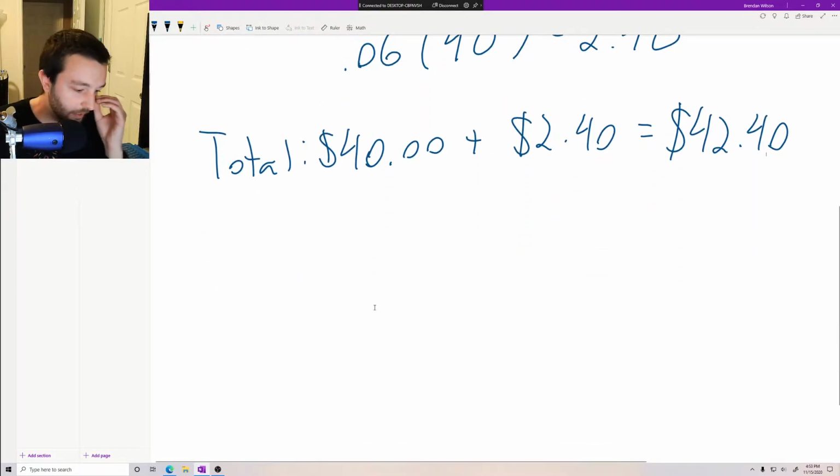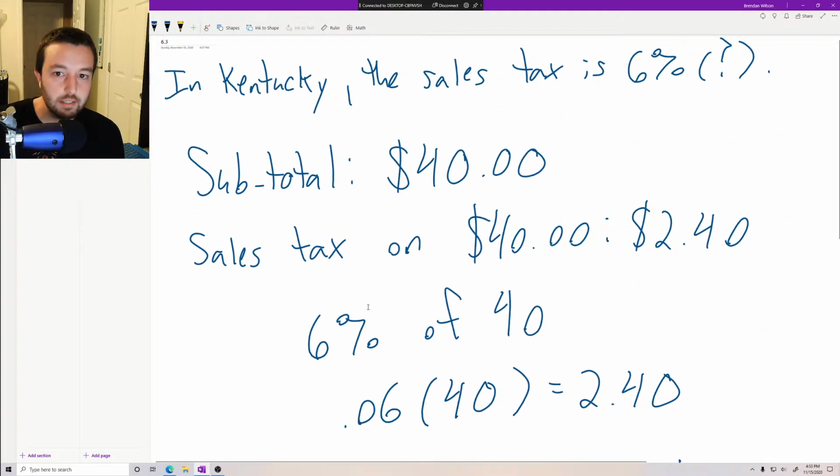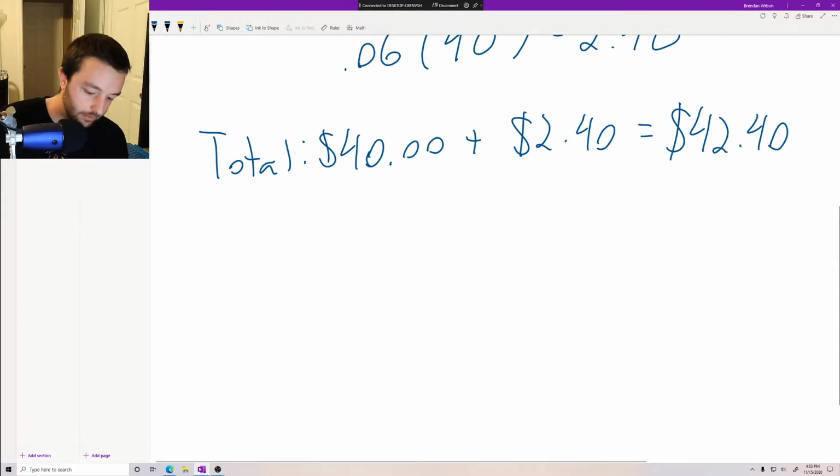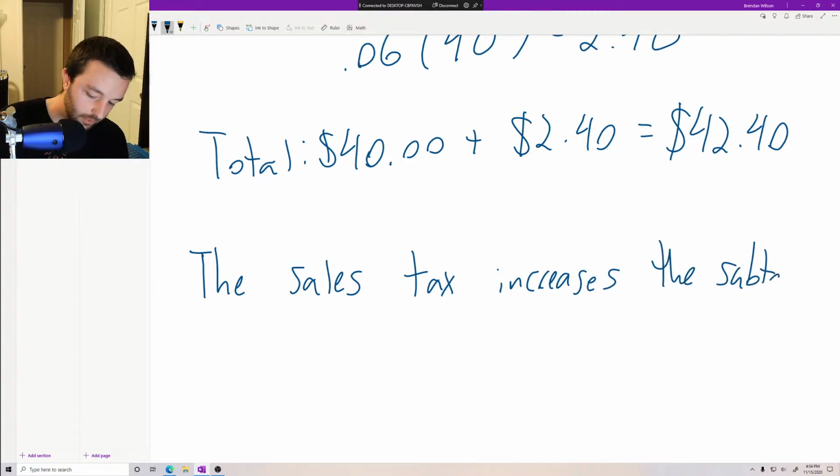Now there is a quicker way to do this. Notice that the sales tax increases the subtotal by 6%.